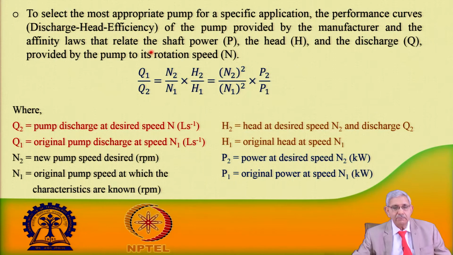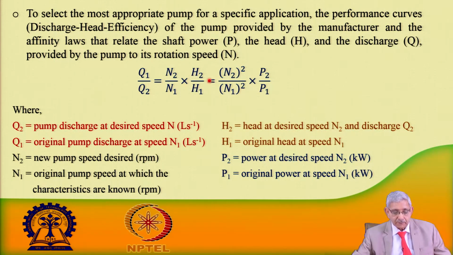According to the affinity law, the ratio of the original discharge to the pump discharge at a desired speed can be given by N2 by N1, where N2 is the desired pump speed and N1 is the original pump speed available with the manufacturer.